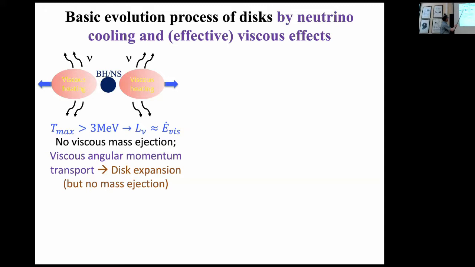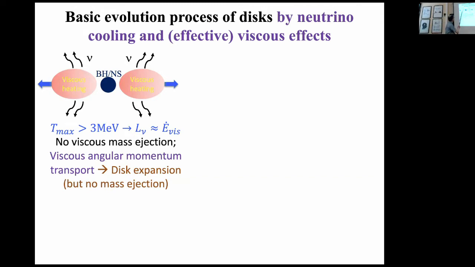After the merger, the magnetic field is amplified, and viscosity is effectively produced due to the turbulence. In such a system, due to the viscosity, angular momentum is transported, and the disk expands rapidly. In addition, in the presence of viscosity, we have viscous heat.